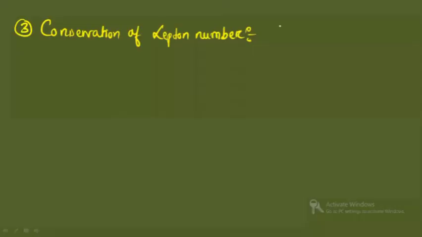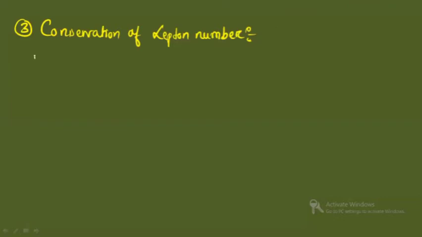So when we talk about the conservation of the lepton number, we will keep in mind a few points. The first point is that whenever we check the lepton number conservation, we check for each family individually. We will see for each individual family.